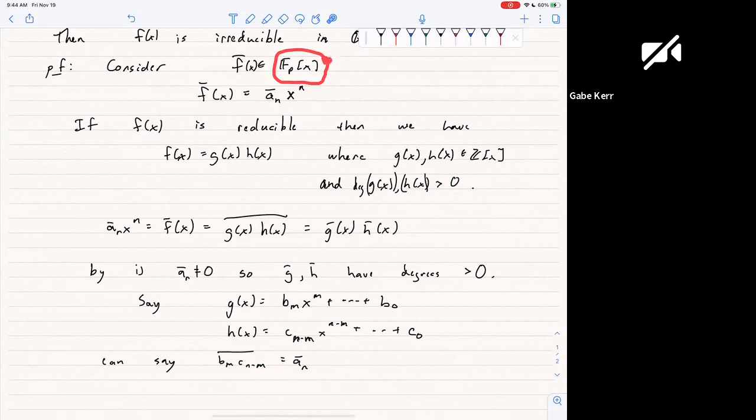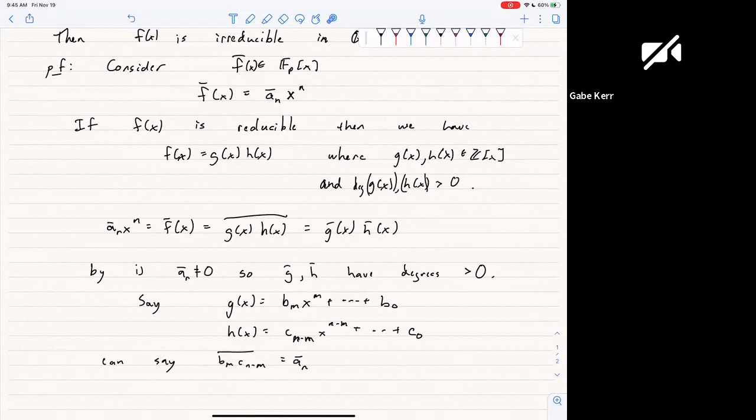Do we have any words to describe such a beautiful ring? It's a PID. And what are PIDs? They're UFDs.